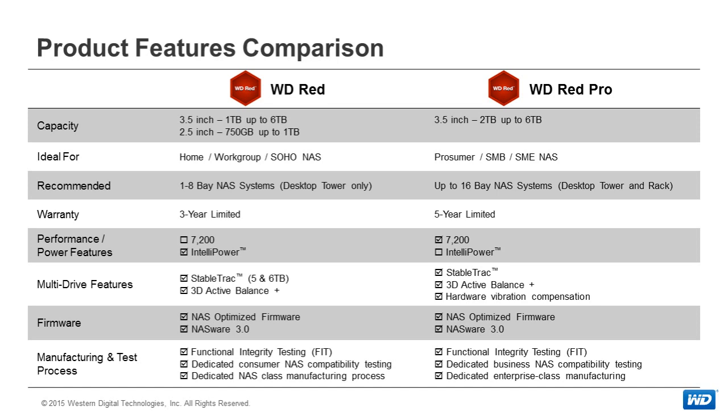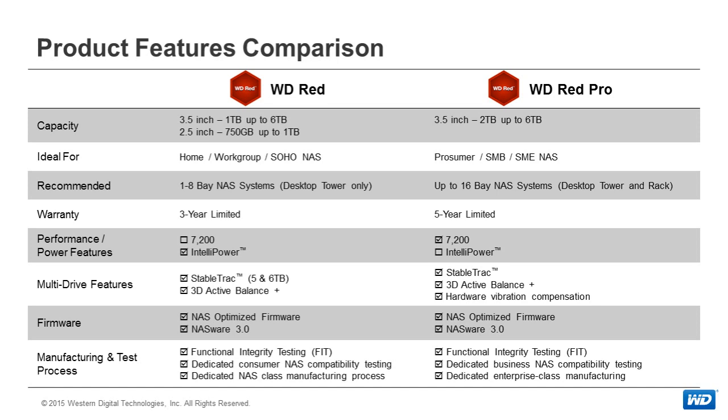And then from a manufacturing and test process that we use internally here at Western Digital, we have a very well-known and regarded FIT lab, which is just functional integrity testing, making sure that we put the drive through all of its paces, whether it's all the commands that it can support, as well as different types of applications and even command timings to make sure that the drive will function well in the market.